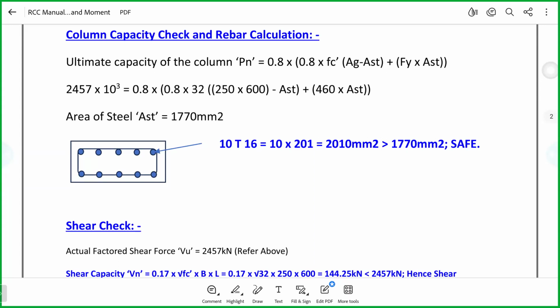You understand? Yes, some parts I don't quite understand. Like this design for the slab, when we have to consider the short span. Like Lx, why do we have to take Lx?